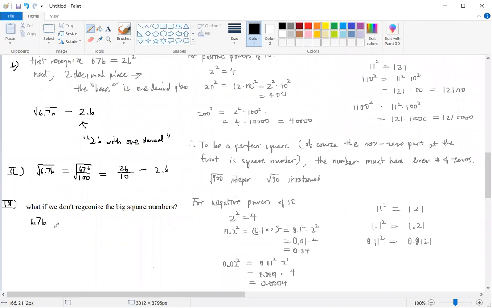You try. You already recognize it's divisible by 4. 1 is not meaningful. It's divisible by 4. So that equals 4 times 169.